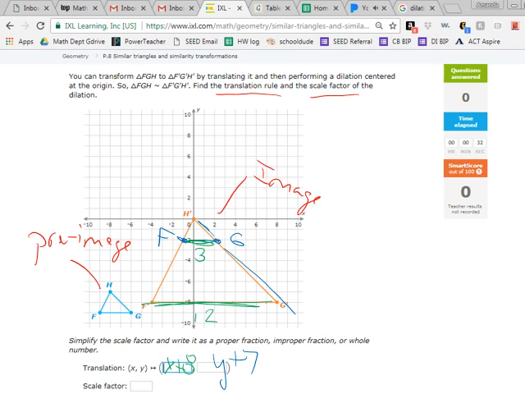So if I look at the scale factor, 3 over 12, actually I'm going to do that the other way. If I do 12, the big one, over 3, the small one, that means that the new one is 4 times bigger than the original. So my scale factor is actually 4.